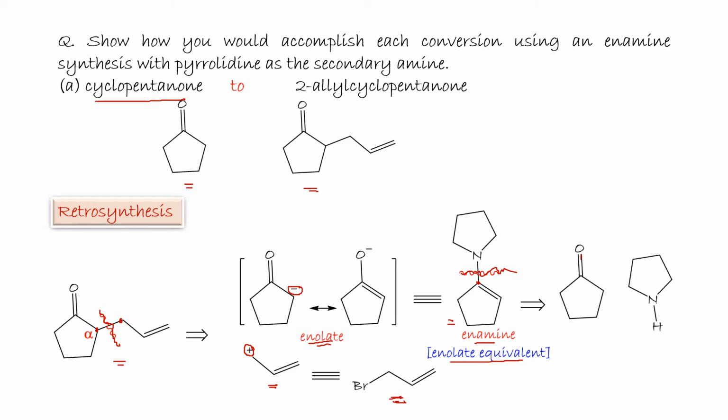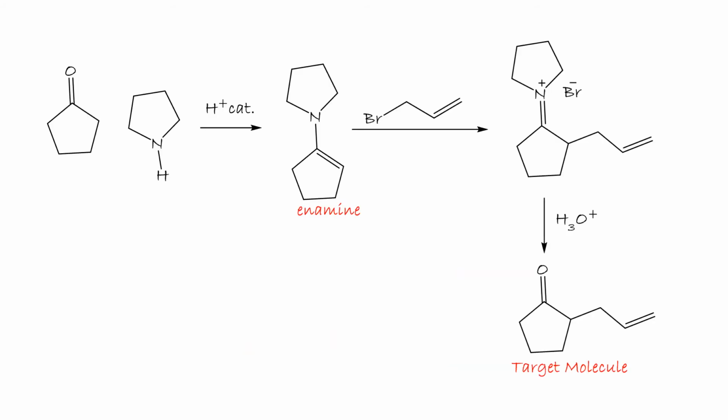This will be the double bond, and here an H. Starting with pyrrolidine and the cyclopentanone in the presence of a catalytic amount of acid will give the enamine. Alkylation with allyl bromide will give the iminium salt. Hydrolysis of the iminium salt will lead to the formation of the carbonyl target molecule. Straightforward reactions.